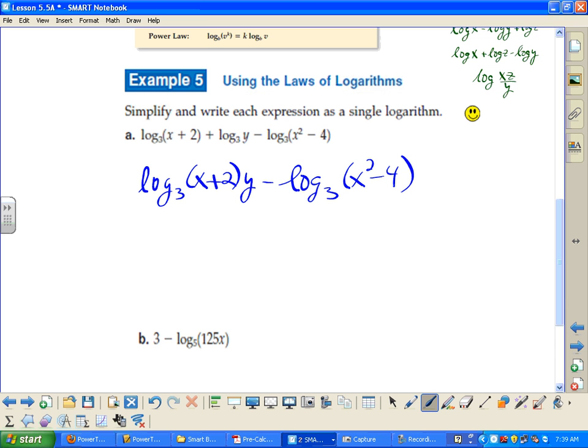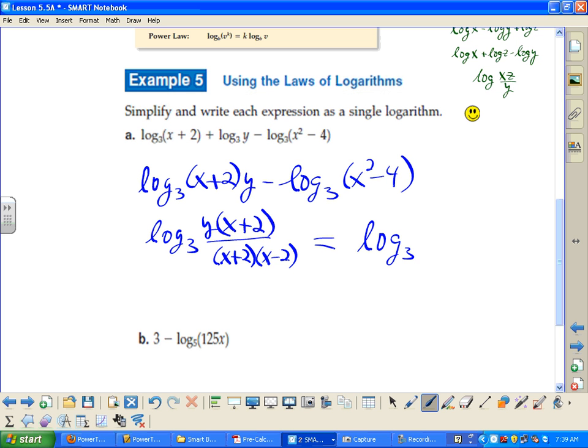And then because of the minus sign, that means we're going to divide. So we get the log base 3 of x plus 2, that quantity, times y, divided by x squared minus 4. And I'm going to go ahead and factor that, because now we're going to be able to do some canceling. We can cancel the x plus 2's, and we get log base 3 of y over x minus 2, because we were able to cancel these two out.